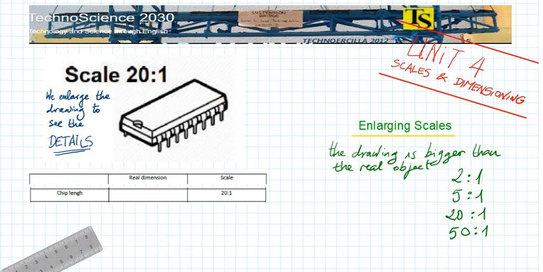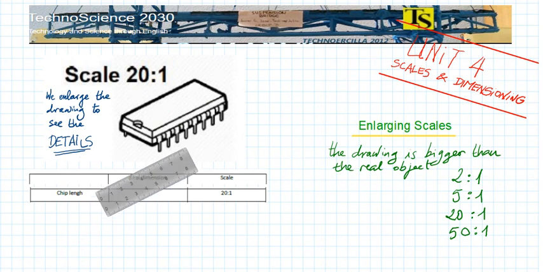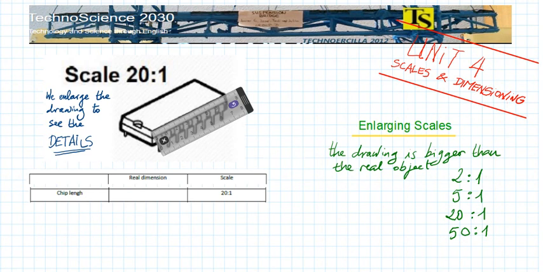Let's see with the ruler what is the dimension of this drawing. You have to match the zero with this and read the dimension here. So I'm going to match the ruler better in the right position. Now I think it's better.